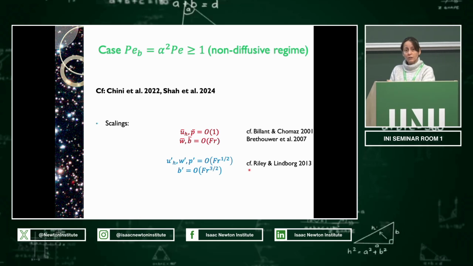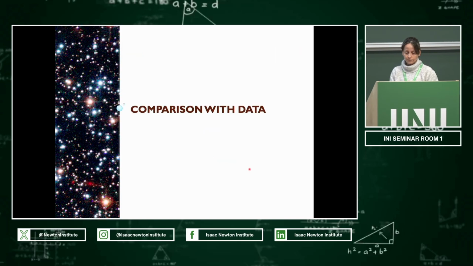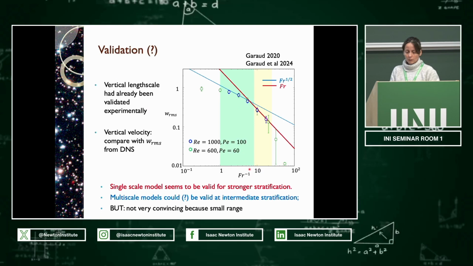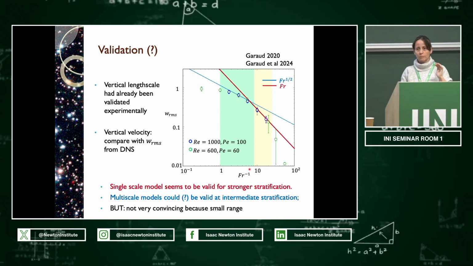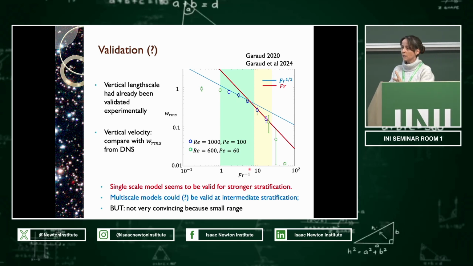So these are the predictions from the analysis. Now let's check against the DNS data. Earlier I showed you this plot. The vertical length scale has already been validated, so I don't have to go back there. But let's see what it predicts for the vertical velocity. So this is again the RMS vertical velocity as a function of stratification, with stratification increasing to the right.